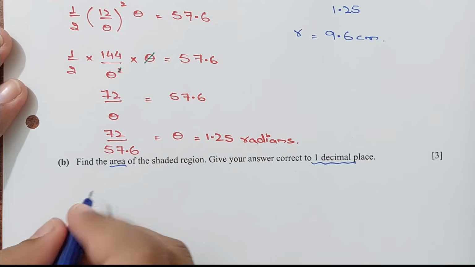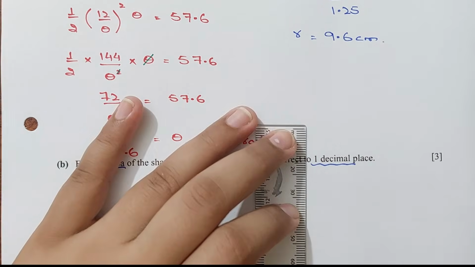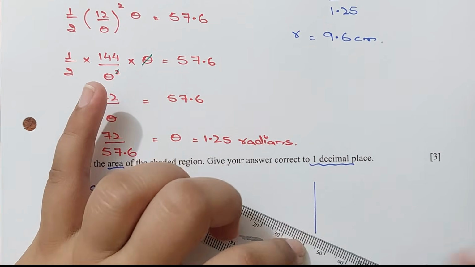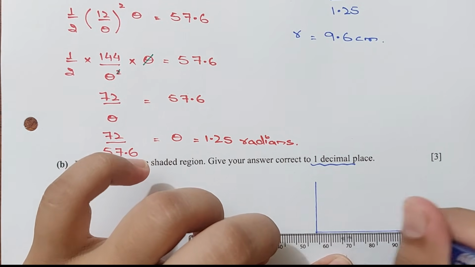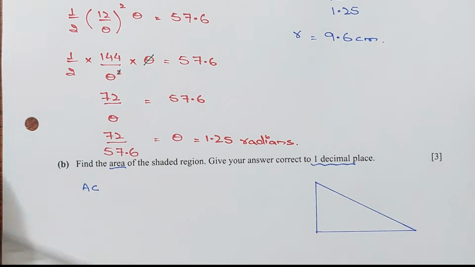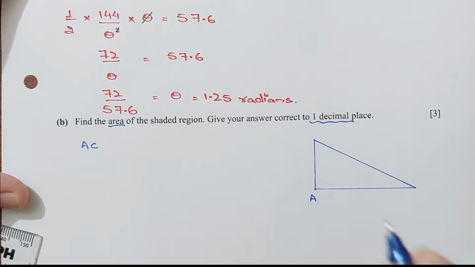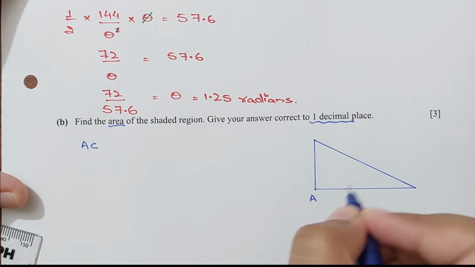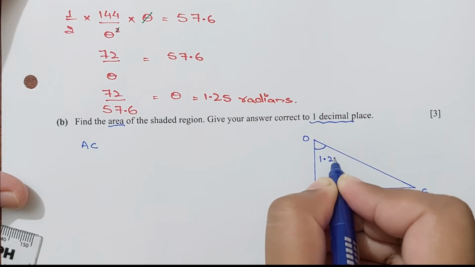So let me solve for AC first. Let me draw the triangle separately. Okay, so the right angle is at A, and we have the angle at O, and this is C. So the angle O we have given is 1.25.